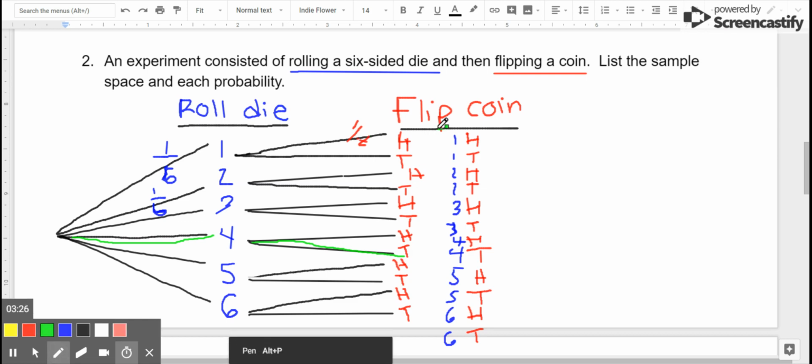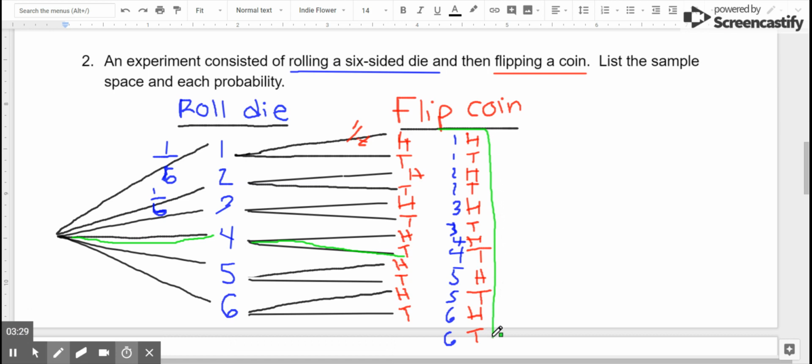So what that tells me is if I look at any one of my outcomes, there are 12 total outcomes. The probability of any one of those outcomes, so for example, the probability of 2 and then heads, that's one of my 12 total possibilities. So the probability of getting a 2 and then heads is 1 out of 12.